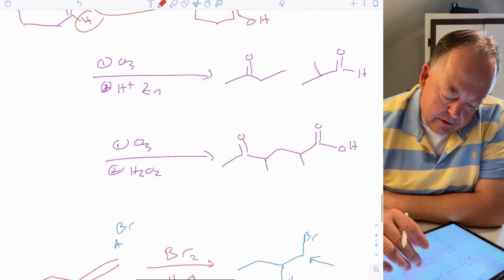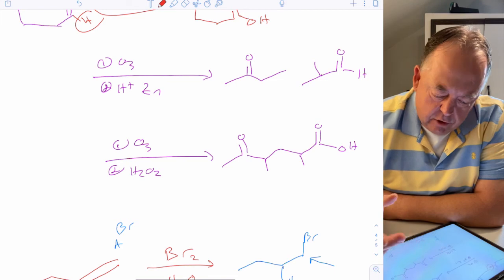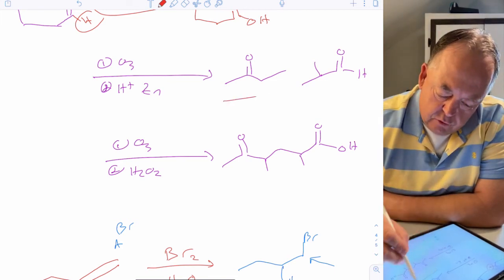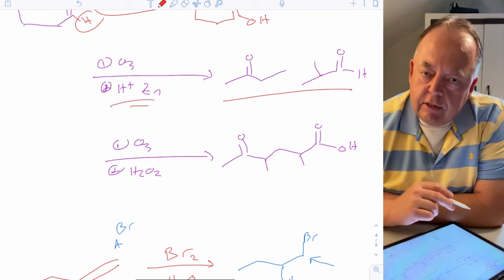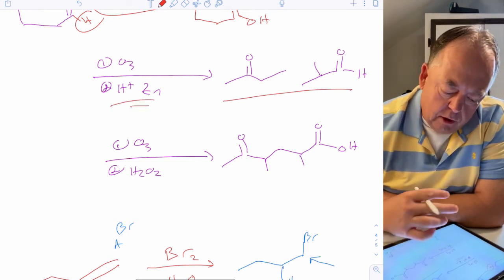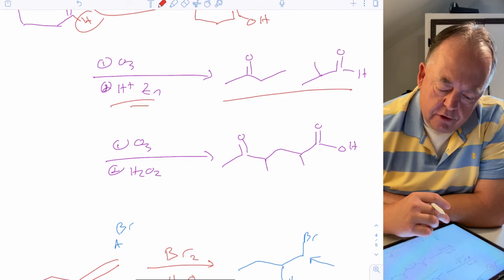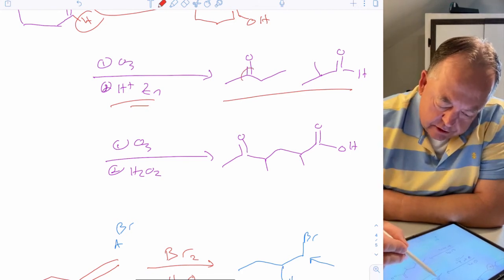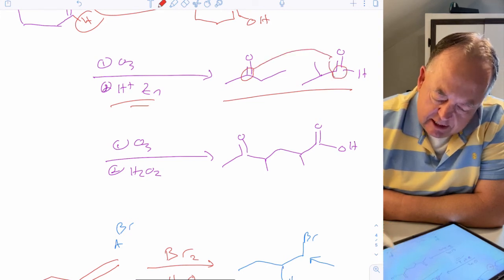Okay, so organic chemistry can be difficult for students because you have to know how to work backwards too. So like if these were your products and you had done an ozonolysis step, what would have been the starting material that you started with? And so this is easy to work through. You just have to recognize these C double bond O's used to be C double bond C's.